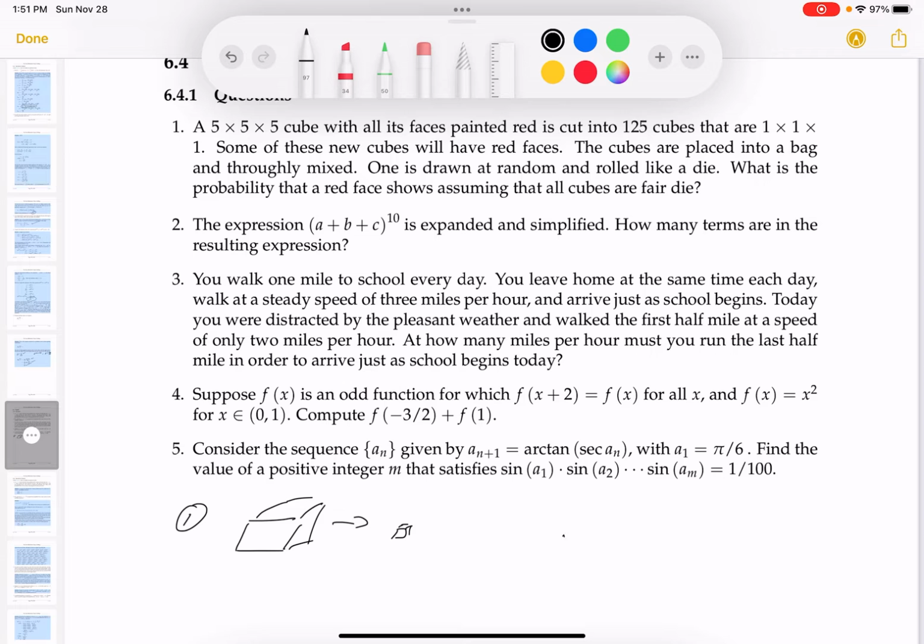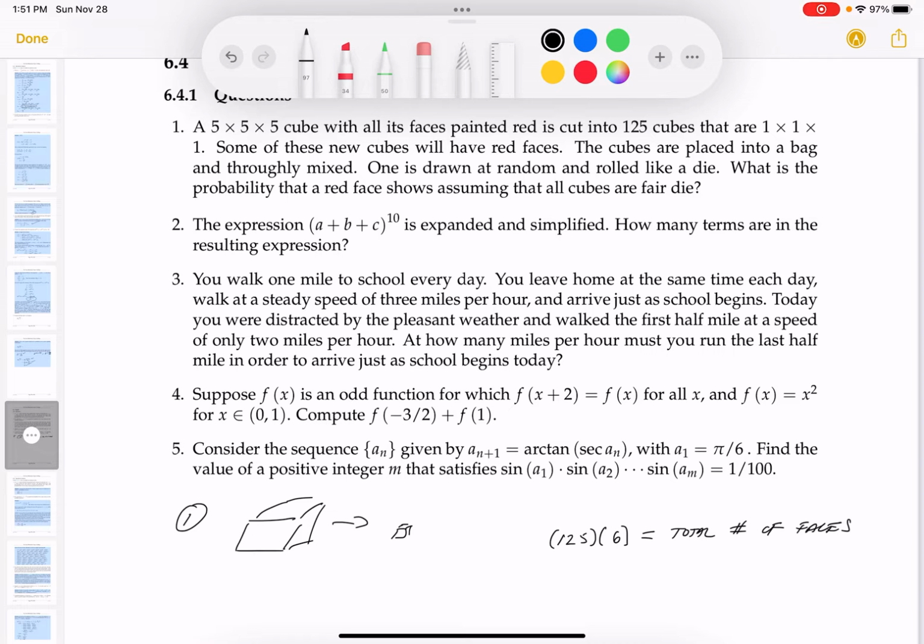So there's 125 cubes, right? And each cube has 6 faces. So this is the total number of faces. Let me just make sure. There's 125 cubes. Each cube has 6 faces.